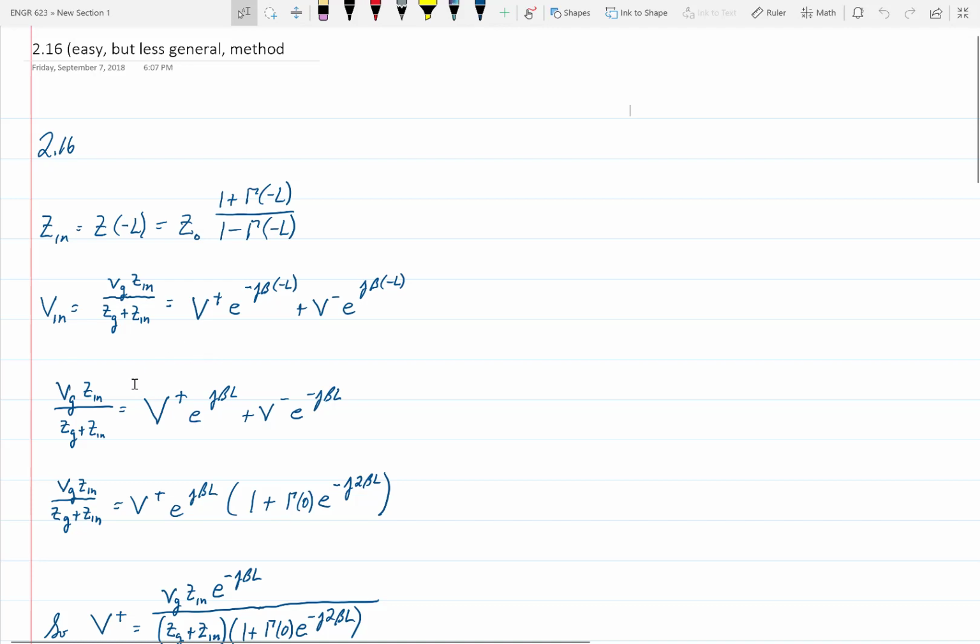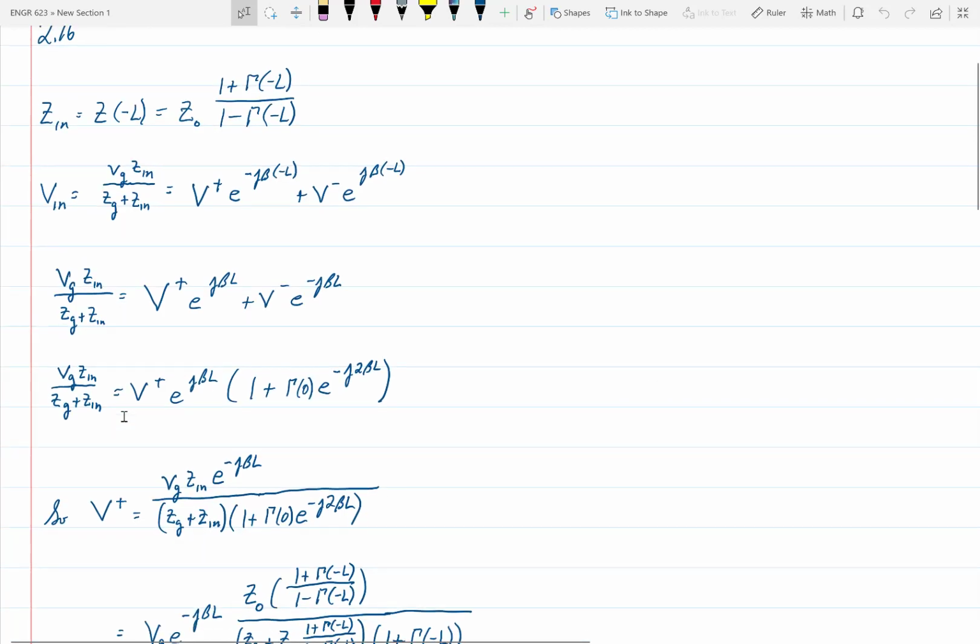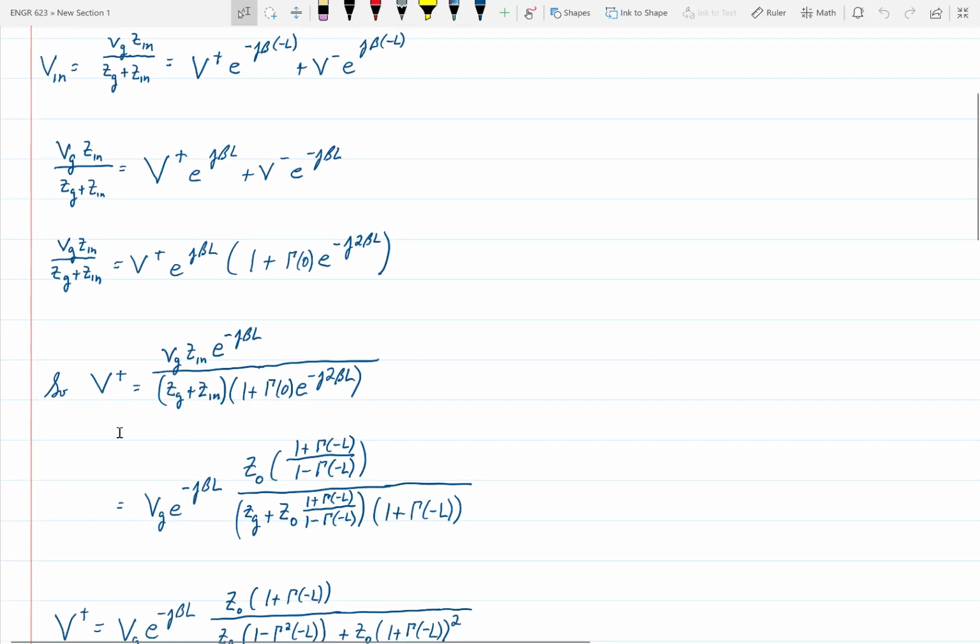So, continuing to work with this equation, we just come down to here, and the manipulations here are just standard manipulations. And here we're solving for V plus, and we get this.